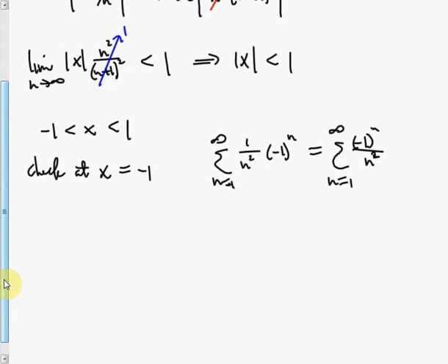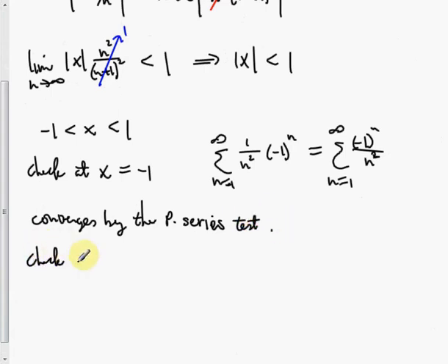Okay, anyway, getting back to this, I'm getting carried away. Check at x equals -1. This one converges by the P-series test. Now we check at x equal to 1.